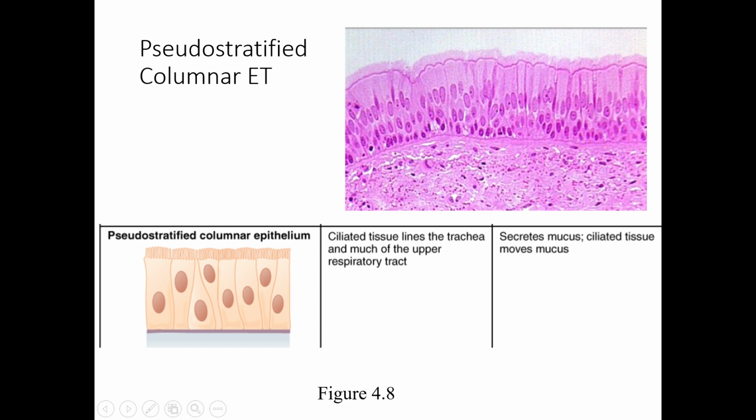Location in our trachea and in a lot of respiratory tract portions, its function to secrete the mucus and move the mucus. Let's imagine that that tissue right now is in our trachea. It's covered with mucus.